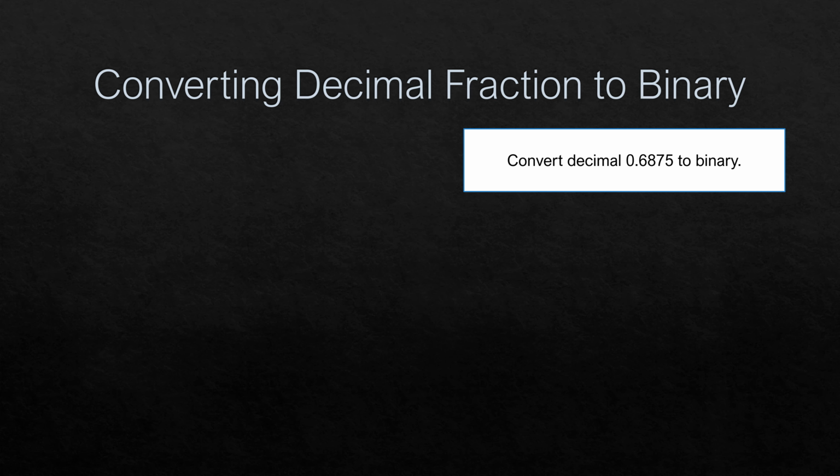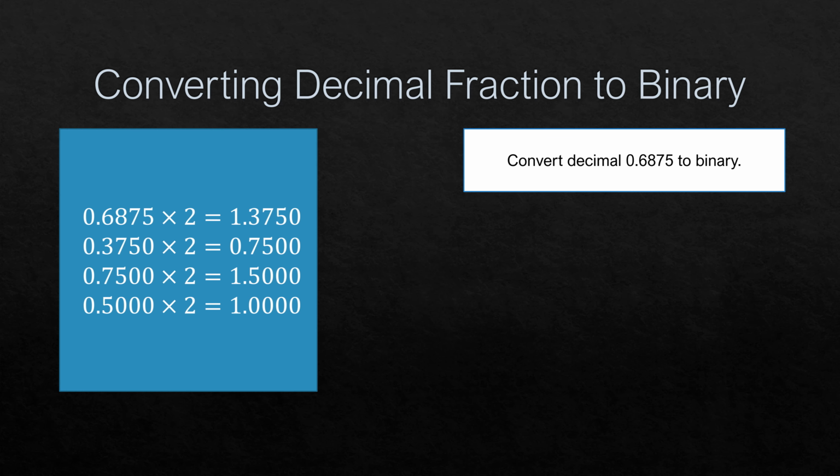Let's convert decimal 0.6875 to binary. First, 0.6875 is multiplied by 2 to give us an integer and a fraction. The new fraction is multiplied by 2 to give a new integer and new fraction. This process is continued until the fractional part equals 0 or until there are enough digits to give sufficient accuracy.